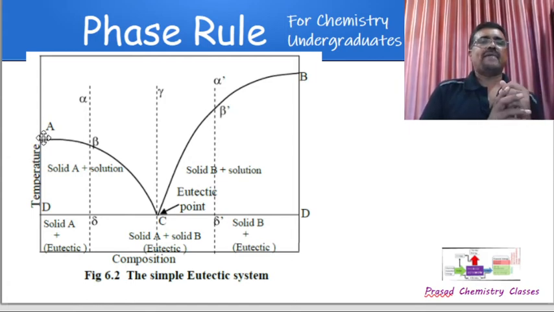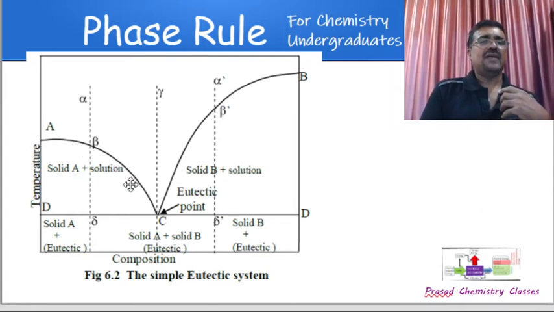So the point A represents the melting point of pure A. The point B represents the melting point of pure B. The curve AC is called the melting point curve of solid A. The melting point changes when you add the other component. So when you change the composition, the melting point changes.